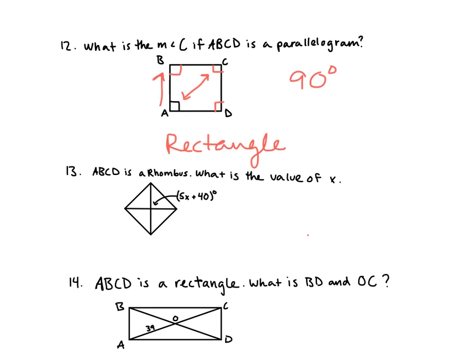Okay, 13. ABCD is a rhombus. What is the value of x? I guess I forgot to label this, but this is ABCD. So how do we find x here? It's equal to 90.